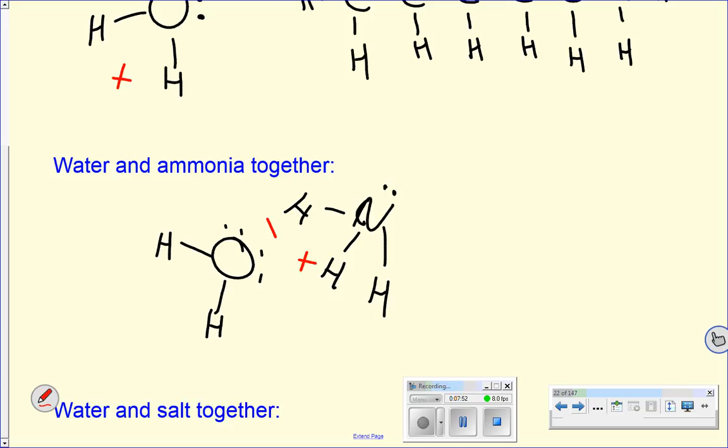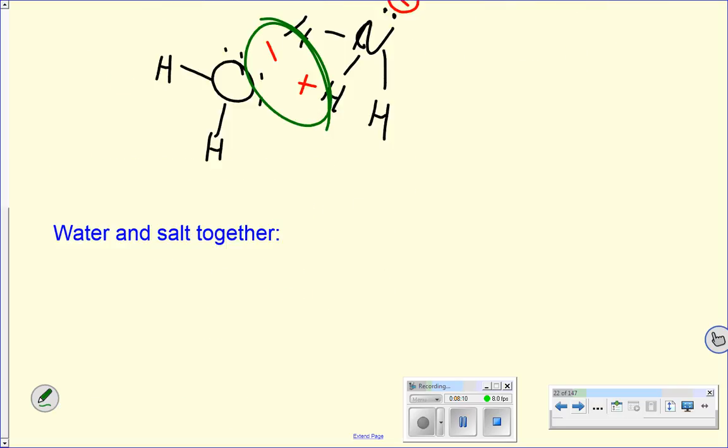So in these interactions, you have another negative up here that could interact with another water. So you're actually going to have a force of attraction right here. You're going to have intermolecular forces, you're going to have attraction of different charges. Therefore, in this case, you're going to have solubility. They will dissolve in one another.